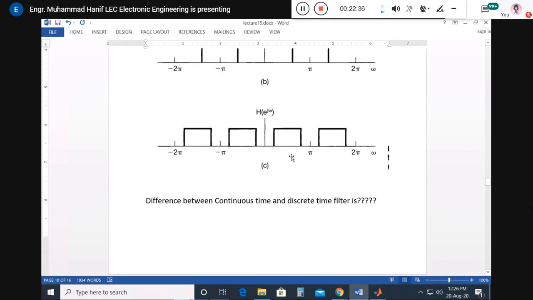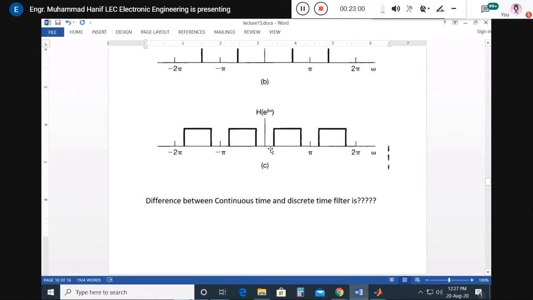In this case, band pass means neither low frequencies nor high frequencies should pass. So around 0 the filter gain is 0, and around omega equals pi, filter gain is also 0. And the same is true between pi and 2 pi.